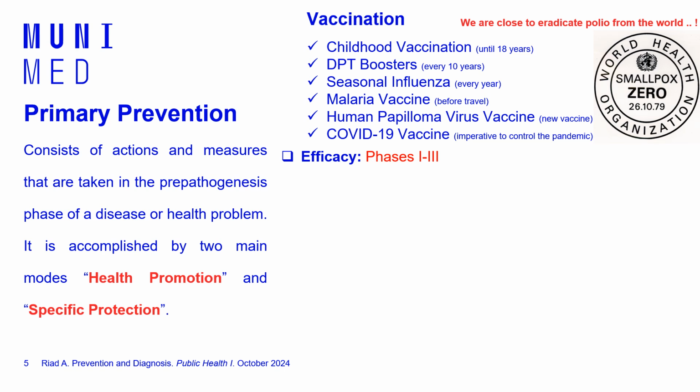First, we have three phases of clinical trials called phase 1, phase 2, and phase 3. These phases take place under the supervision of competent authorities to ensure that the vaccine will be efficacious, or will have acceptable efficacy. Efficacy is how good the vaccine is at preventing infection among a group of volunteering individuals.